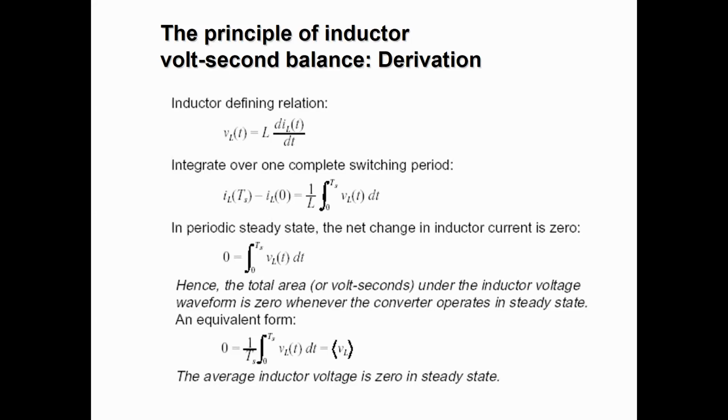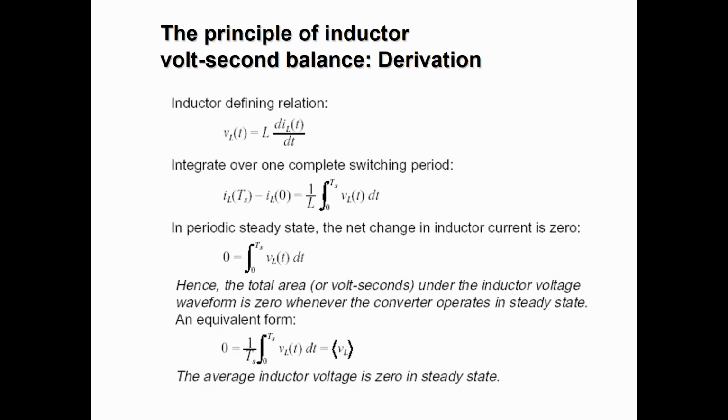So we can say that this is the equation of inductor voltage, that VL is equal to L dIL divided by dt. So now we can say that the change in the inductor current in a periodic steady state is zero. That means there is no net change in the inductor current in steady state. So dIL divided by dt is zero.